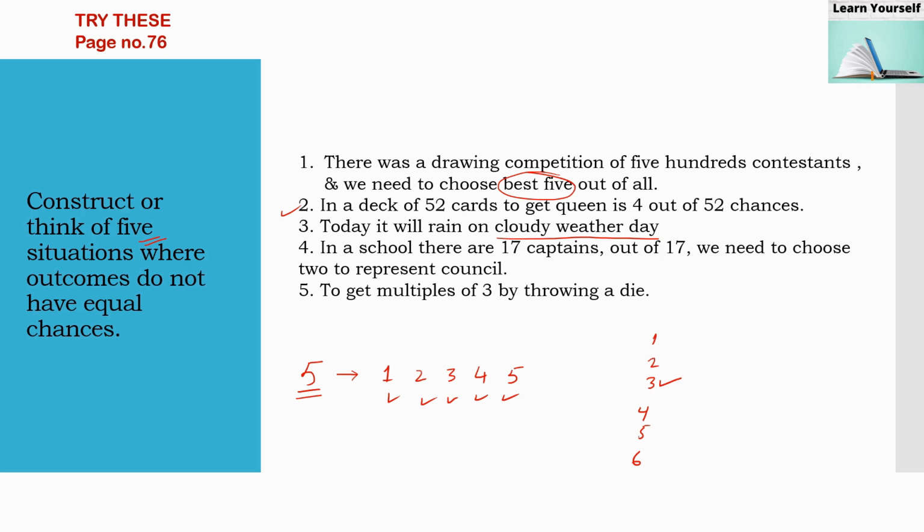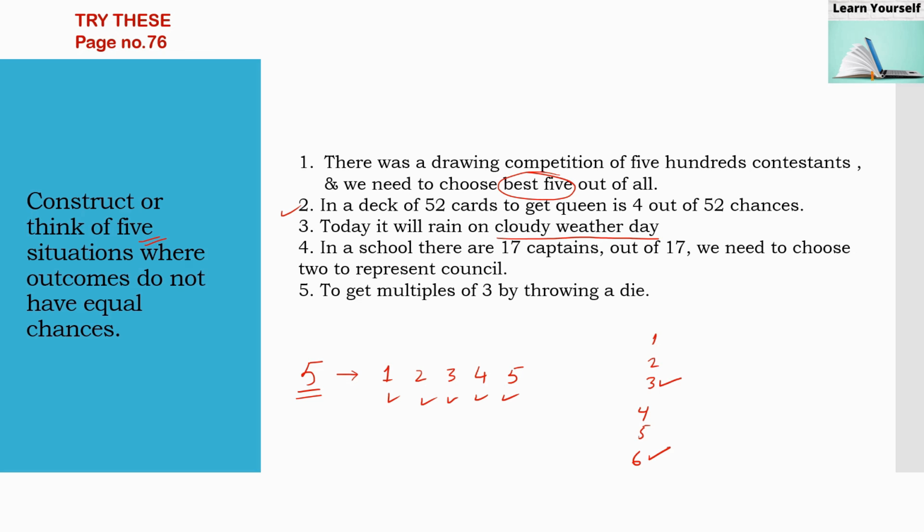The multiples of 3 are 3 and 6. So these chances are not equal, since we require 2 numbers out of 6. So these are the situations where chances are not equal.